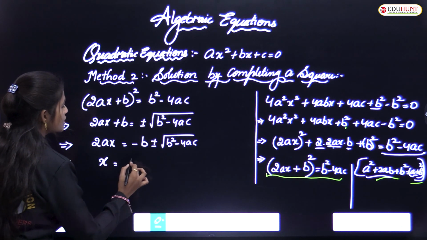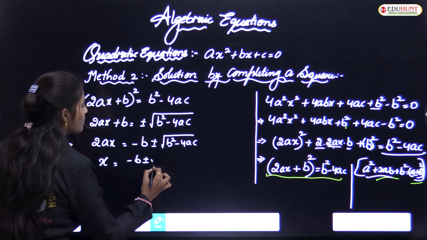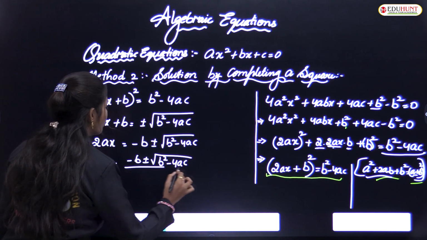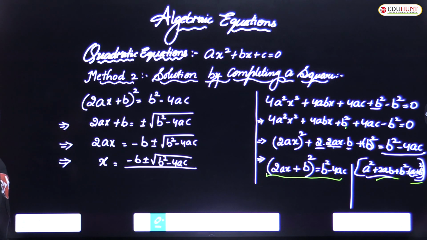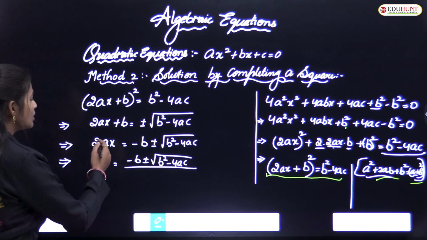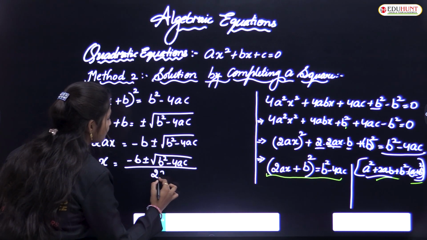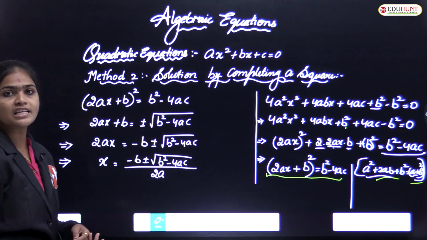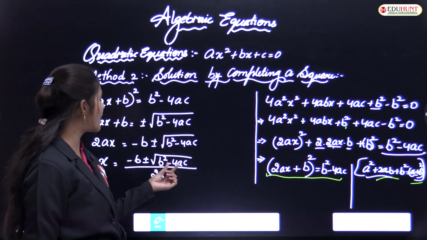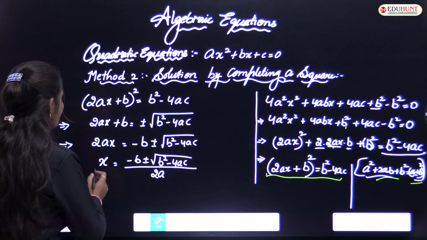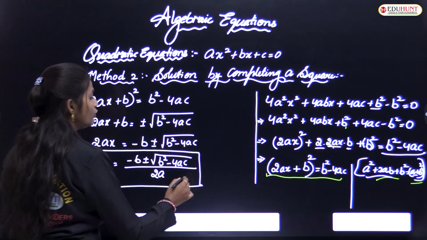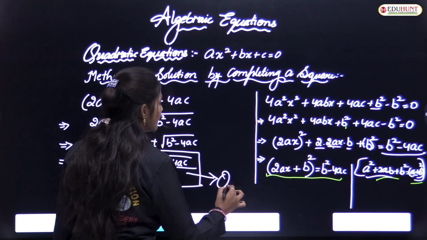So x equals minus b plus or minus root of b square minus 4ac, whole by 2a, because 2a is in multiplication with x, so that becomes division by 2a. So this is the value of x. This value we will call the quadratic formula.